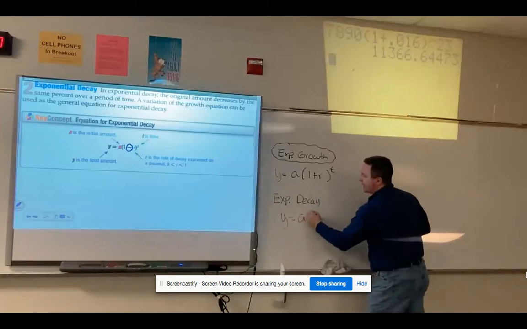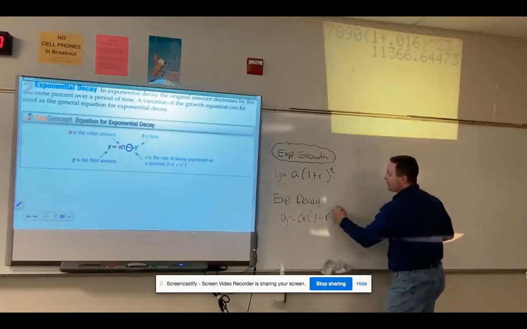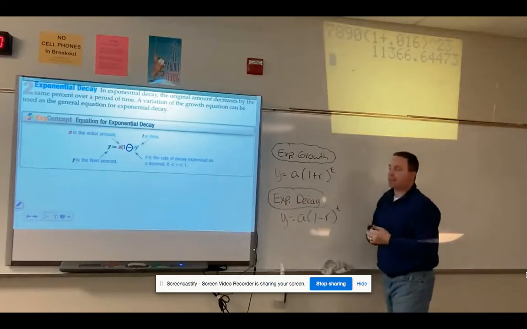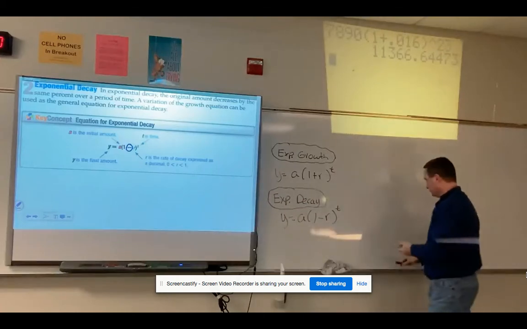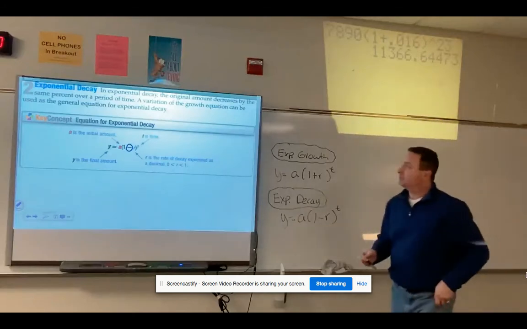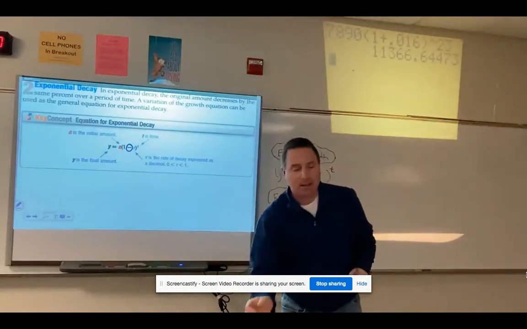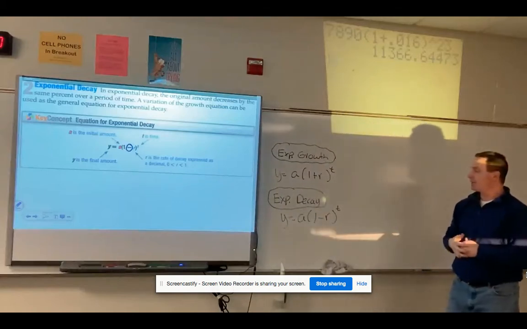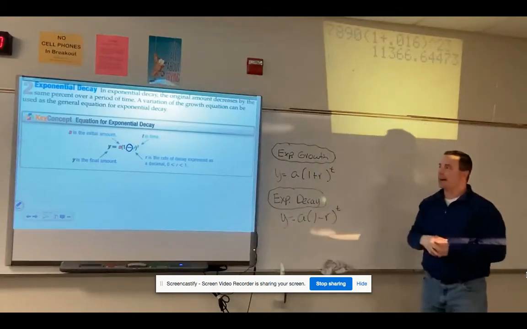So y equals a times 1 minus r to the t power. And all the parts stand for the exact same thing. A is the original amount. The r is the rate, the percent. T is time. But instead of increasing by a certain percentage, it's going to decrease by a certain percentage. So that's why it's subtraction.